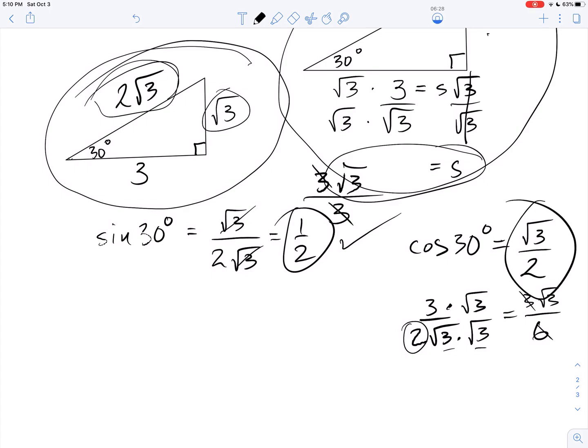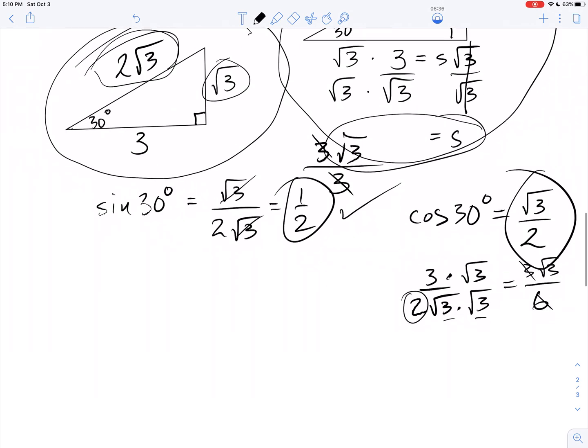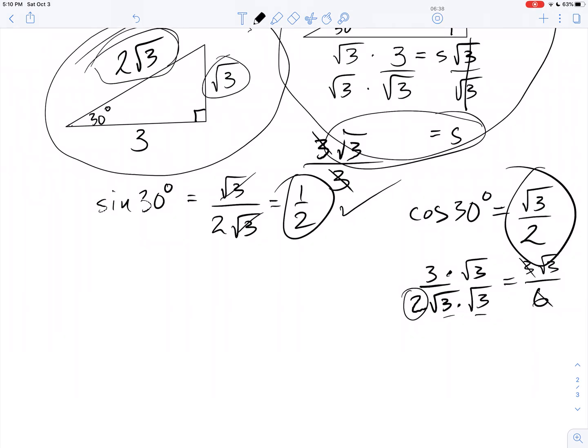There it is. Now, I'm not doing this by magic. I'm about to show you that it's always true. The sine of a 30-degree angle is always going to be 1/2, no matter what. The cosine of a 30-degree angle is always going to be rad 3 over 2, no matter what. The best part is you really do not have to memorize these answers. You don't.